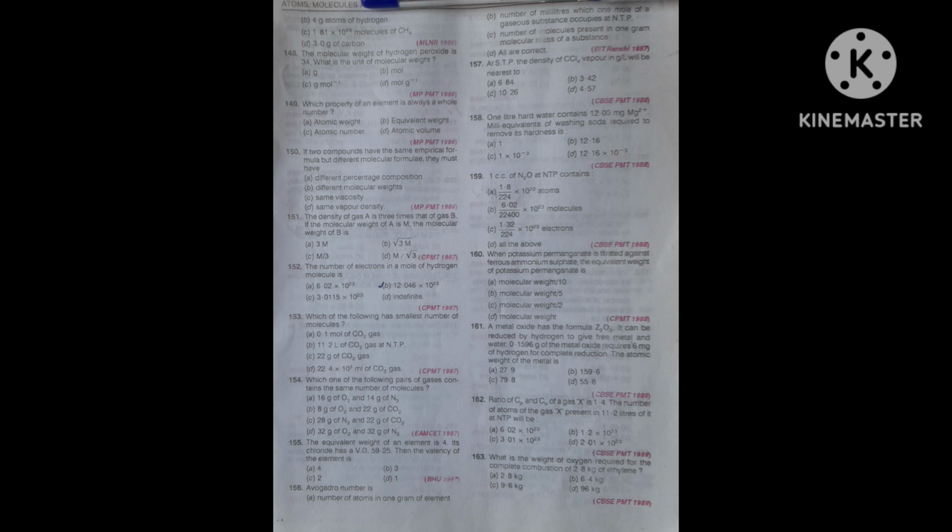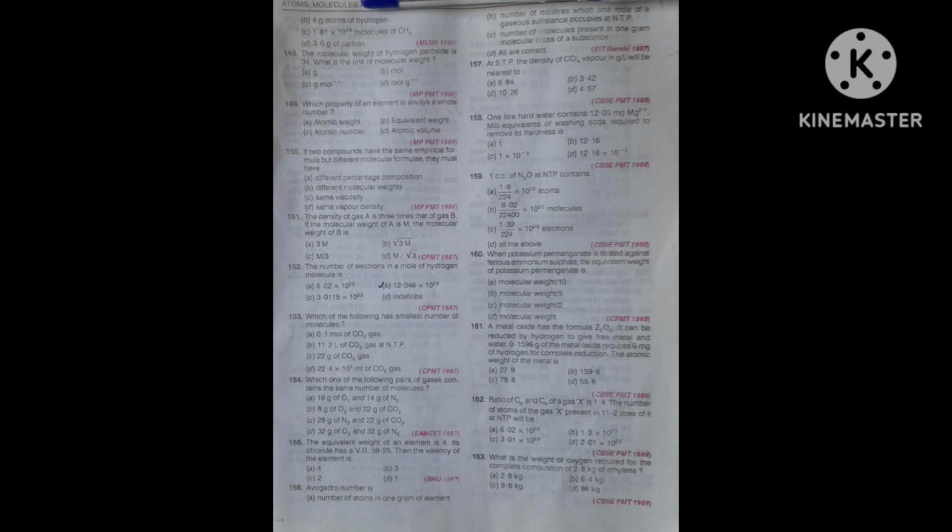It's a very good question, and you can answer also. Again, I am reading one more time. When potassium permanganate is titrated against ferrous ammonium sulfate, the equivalent weight of potassium permanganate is: option 1, molecular weight divided by 10. Option 2, molecular weight divided by 5.